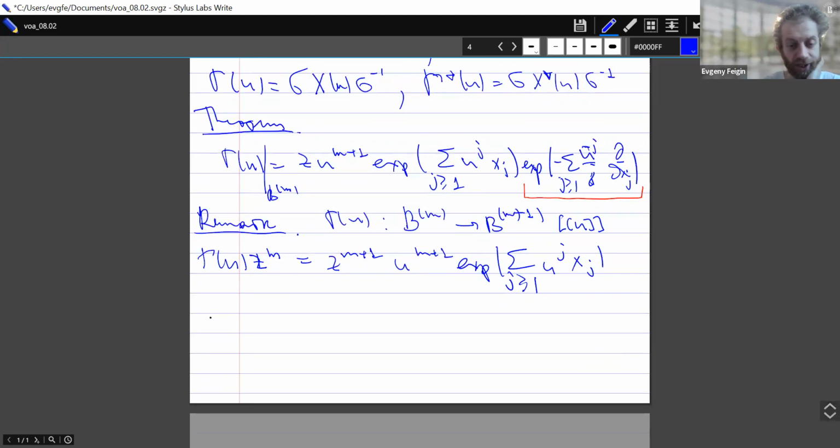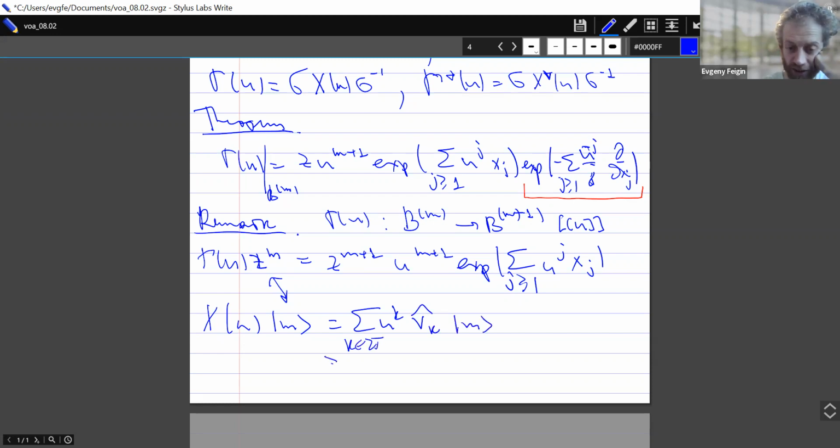So let's see, we take x of u and apply it to m. Recall that z to the m and m are the corresponding vectors, identified by sigma. So this is nothing but the sum over all k greater or equal to m of u to the k v_k.